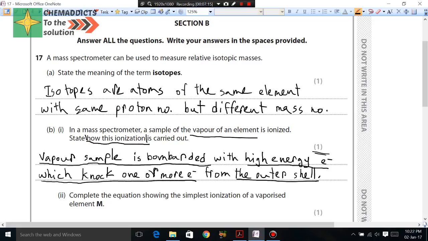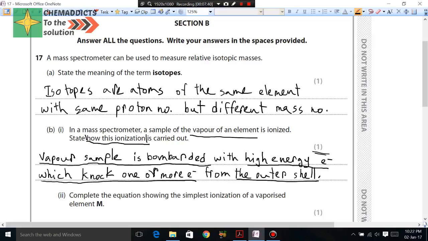Here are some things that we need to know. If we only write reference to ionizing or forming positive ions, or just an equation, we won't get any mark.